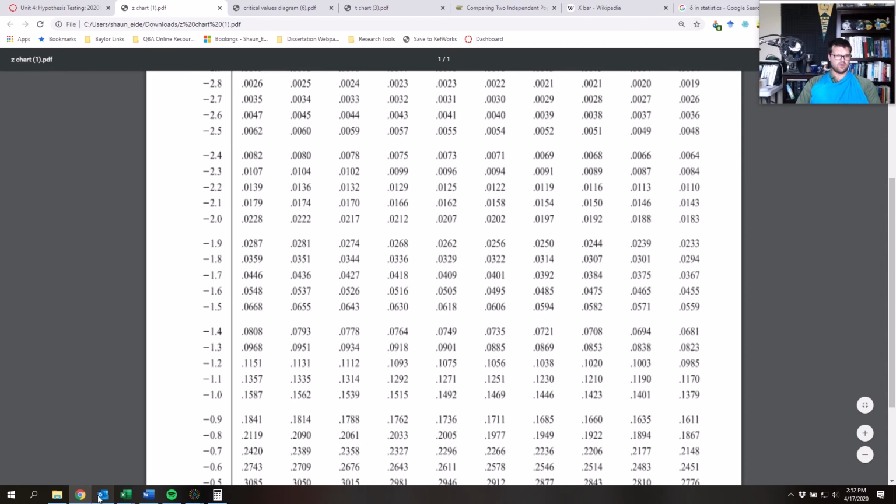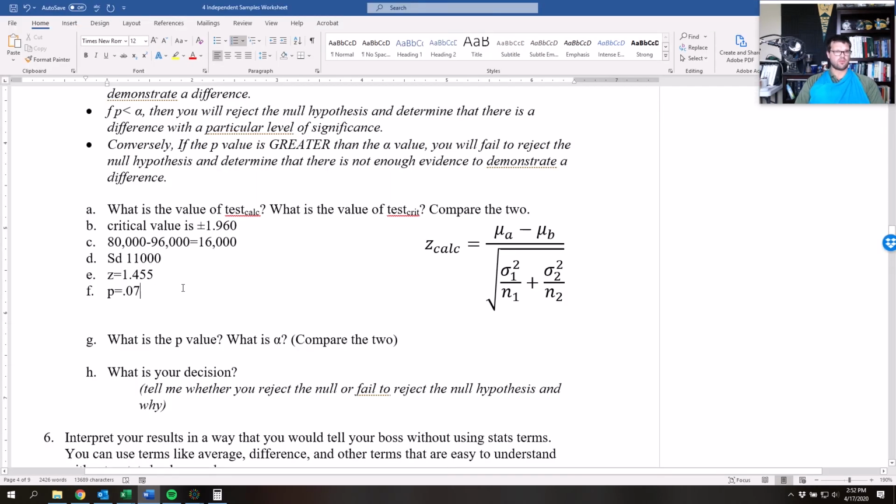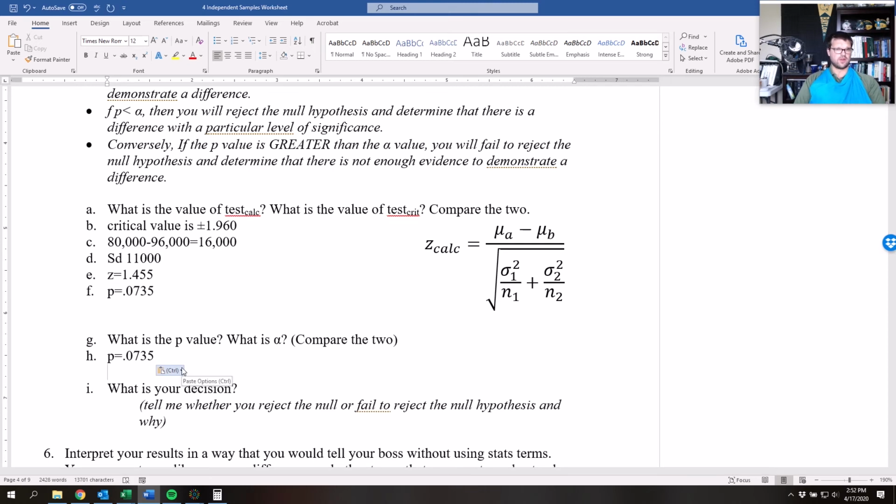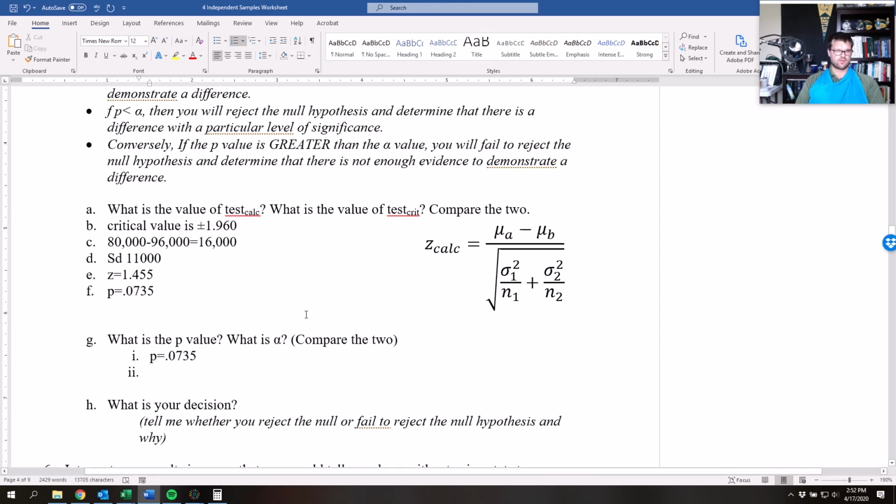And so we've got the p-value right there, and the alpha of 0.05.